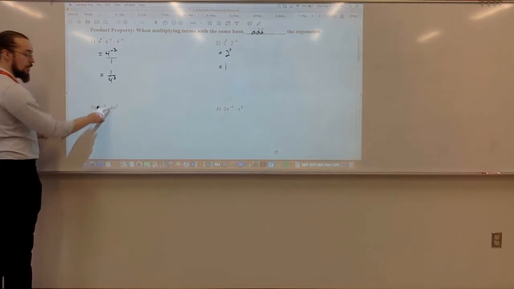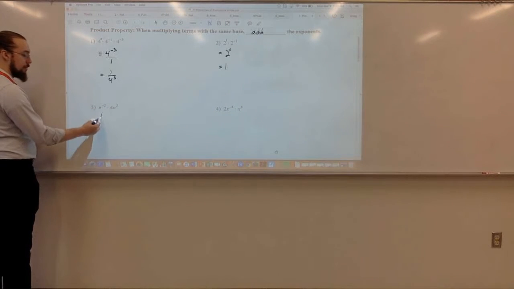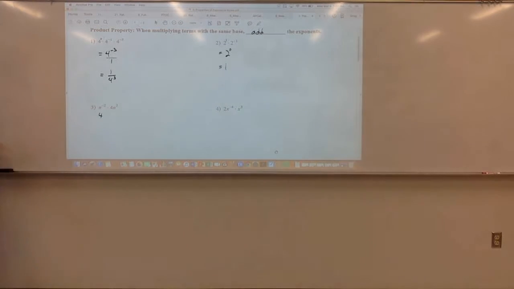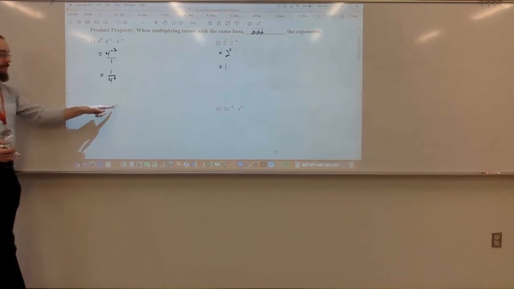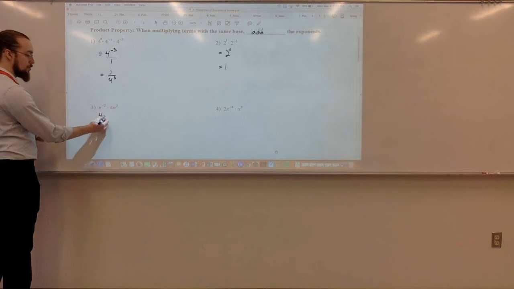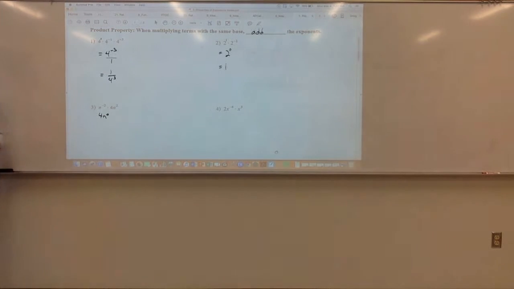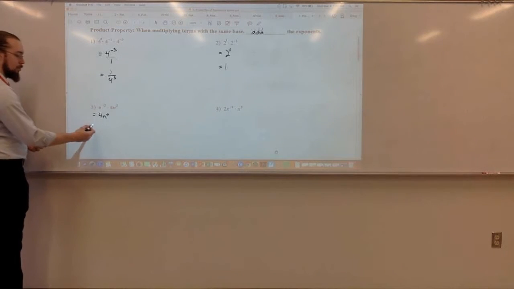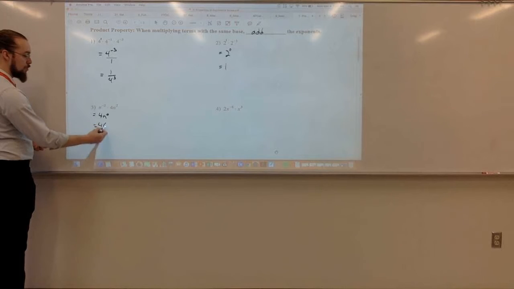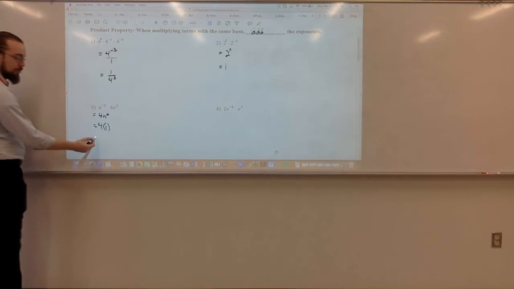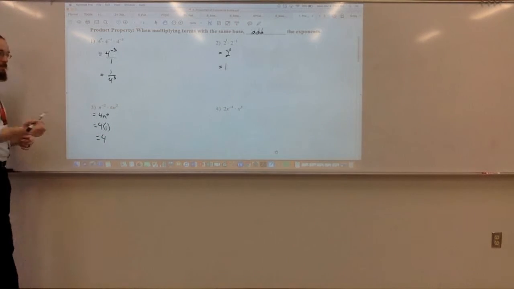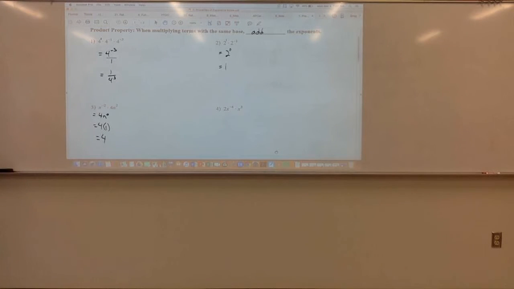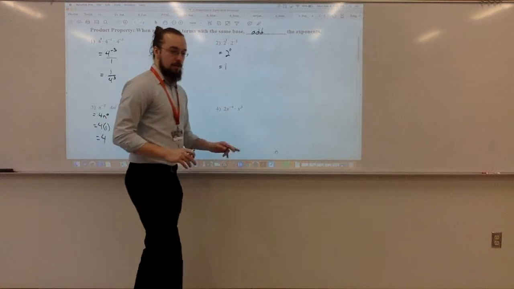Add those together, and that 4 is going to stay. If I've got a number or a coefficient, that's going to stay. And then I would just add the exponents together. So this will be 4 times n to the 0 power. What's n to the 0 power? 1. So this would be the same as 4 times 1, which is just 4. Okay. Try number 4 here.